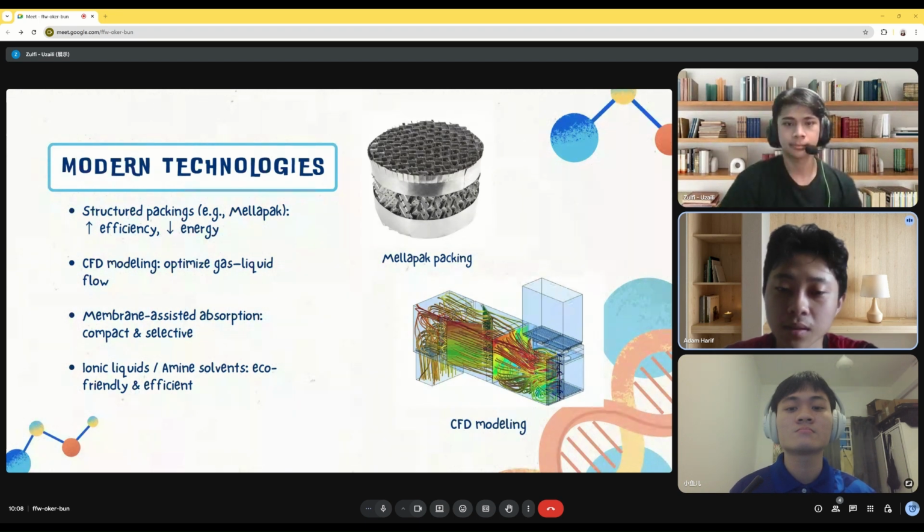Membrane assisted absorption combines membrane separation with liquid absorption, offering compact and selective operation. And new solvents like ionic liquids and amine-based solutions can absorb gases like CO2 more effectively while being environmentally friendly. All this innovation aims to reduce energy consumption and make gas purification more sustainable.